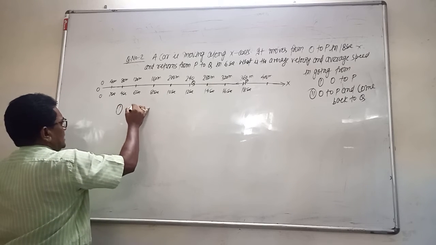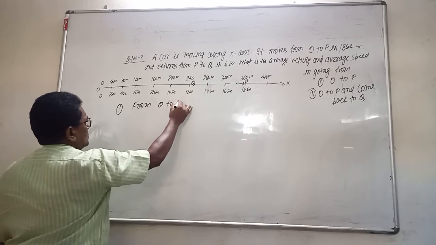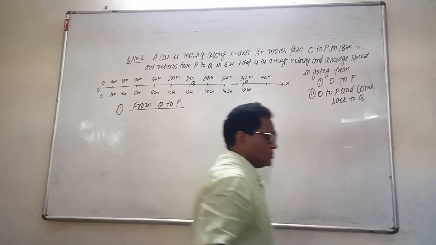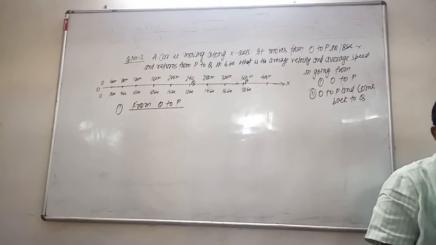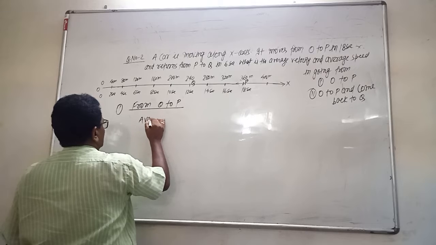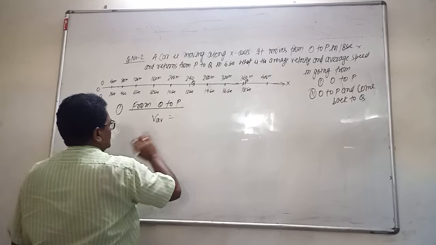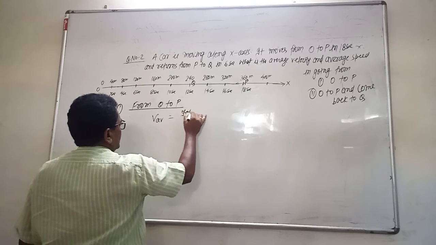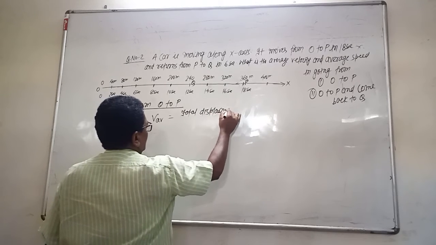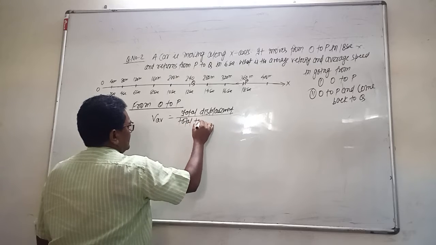So first part, in going from O to P, average velocity equals total displacement upon total time taken. The formula for average velocity, V average, equals total displacement upon total time taken.